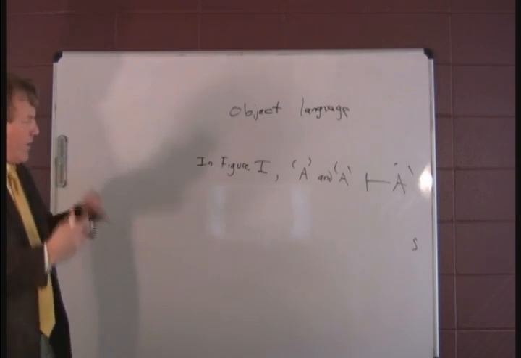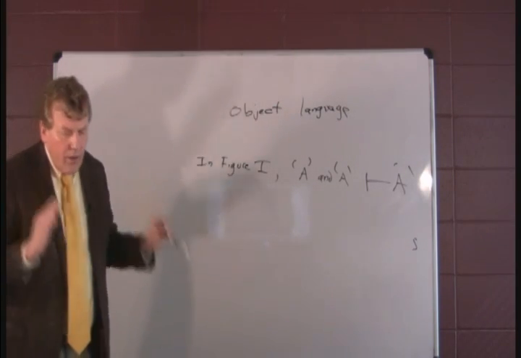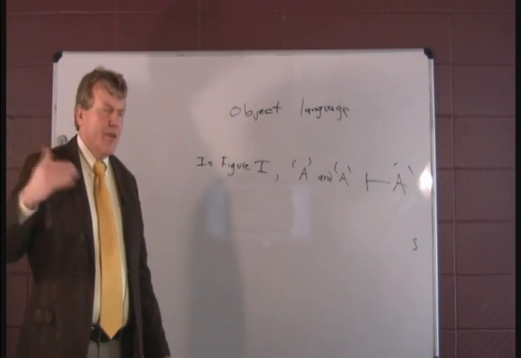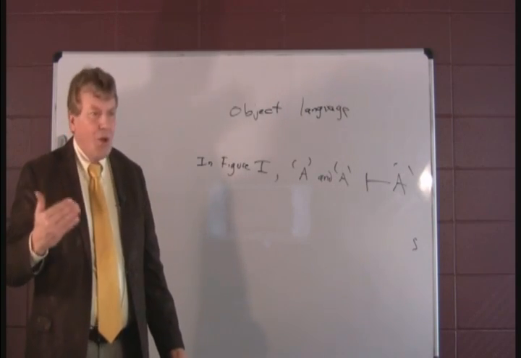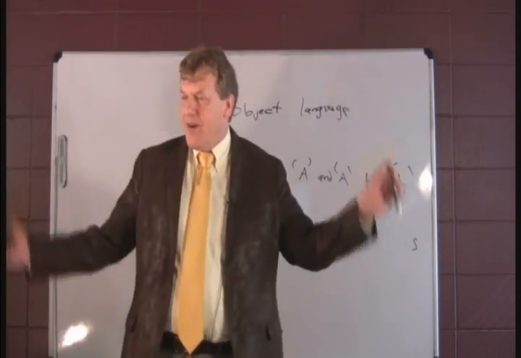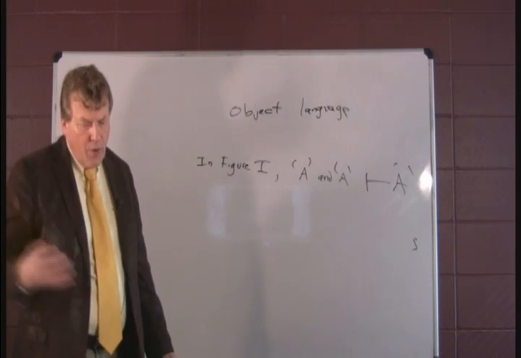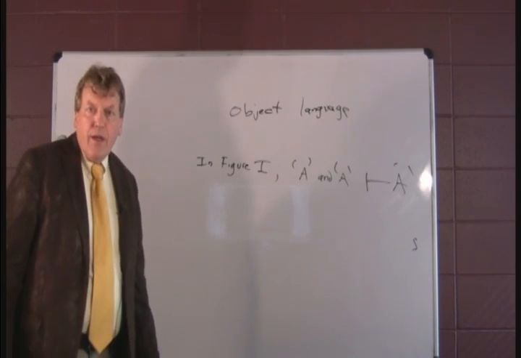Now I'm talking about the object language with my meta language. Okay, logicians are always interested in metalogical results. What are the properties of the logical system, and what kind of derivations are possible in that system? What are valid in that system?